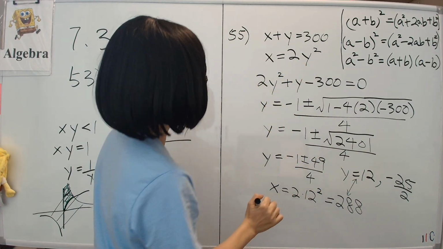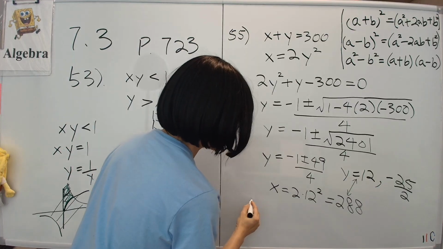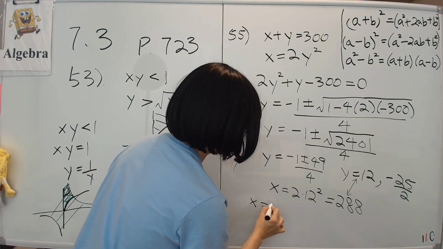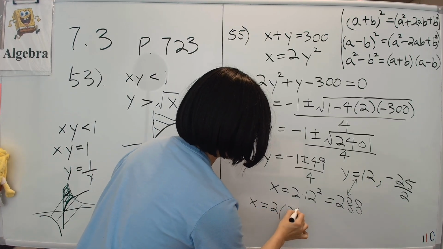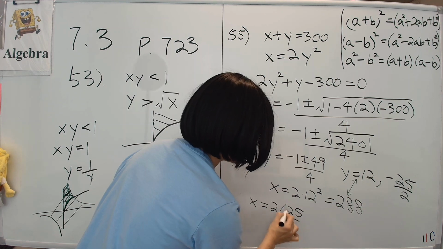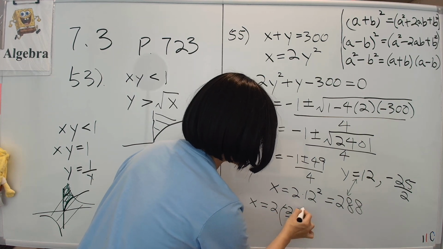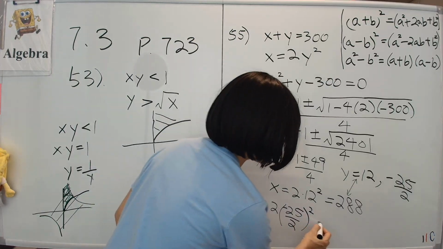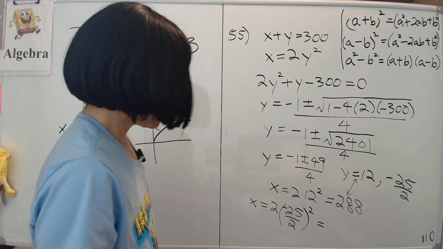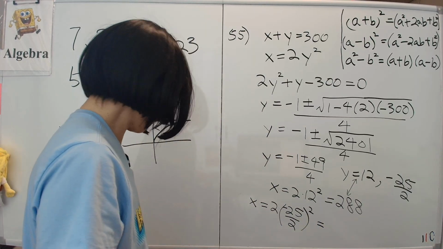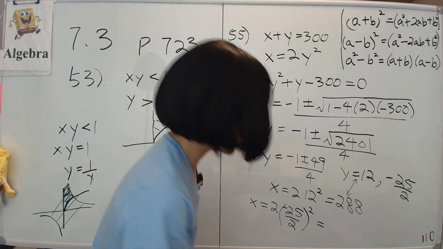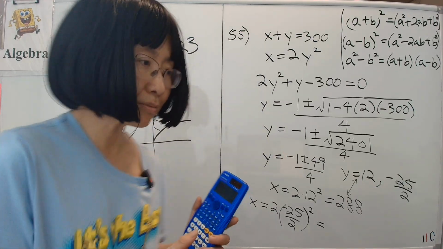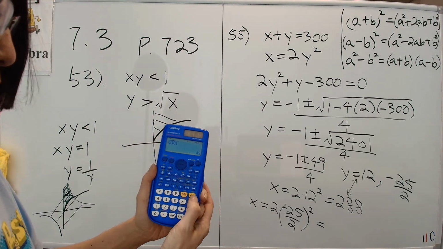So y is negative 25 over 2, then x equals 2 times 25 over 2, but it's squared, so the minus sign doesn't matter. What is that? Let's figure out what that is. Let's just multiply it. Being that we're squaring it, we don't care about the negative sign.